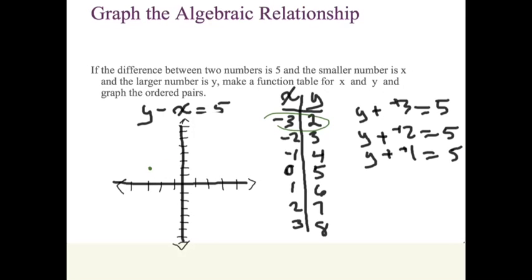There's (-3, 2). (-2, 3) would be right about here. (-1, 4) just here. (0, 5) here, (1, 6) more like here, (2, 7) brings us to this place, and then (3, 8) is up here.